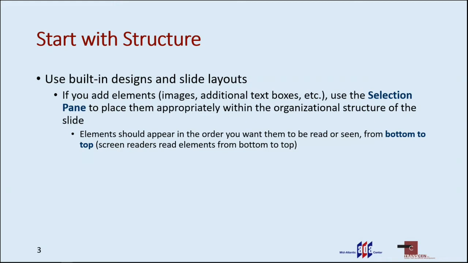So we're going to be referring to screen readers and screen reading technologies throughout our presentation. And this is one of the areas where that is particularly important, is using the selection pane. And we're going to show you what that really looks like and how to use that in just a moment.